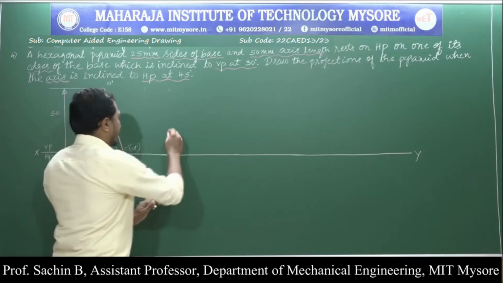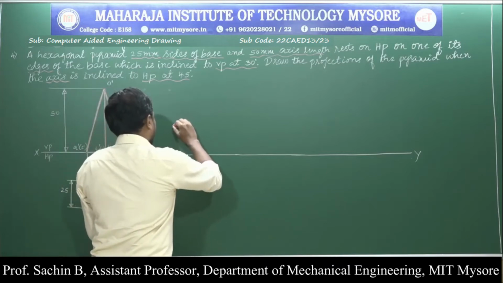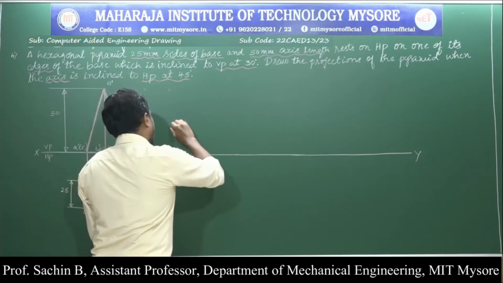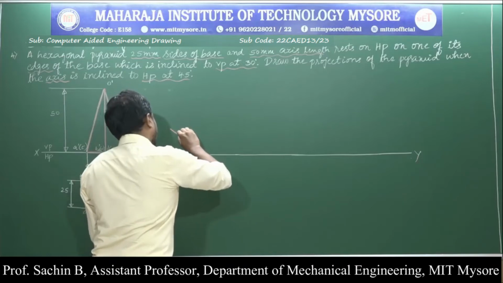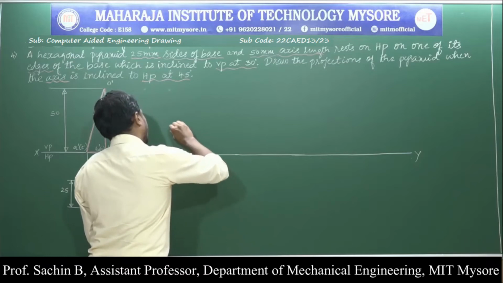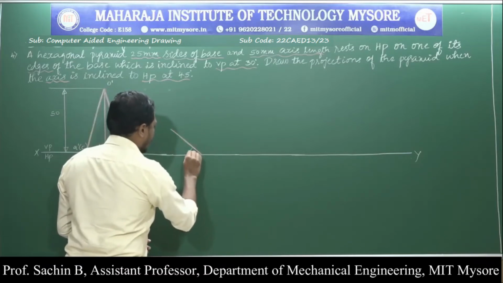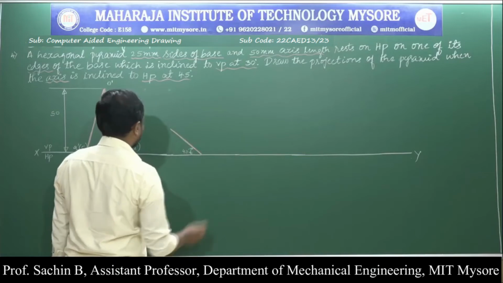Based on that, first I am going to draw the base at an angle of 45 degree. I am drawing the base at an angle of 45 degree. Now I am showing the angle for it, 45 degree.